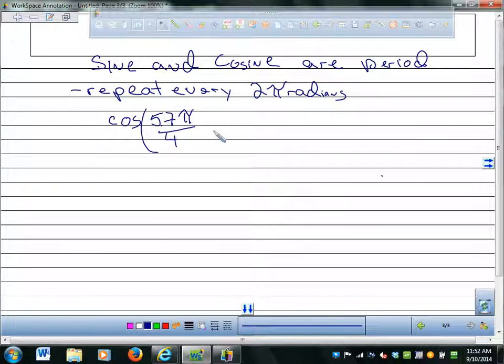So what I want to do is figure out how many pi's over 4 is one revolution around the circle. 8 pi's over 4, right? So you want to figure out how many 8 pi's over 4 are in here, and then what's left over.